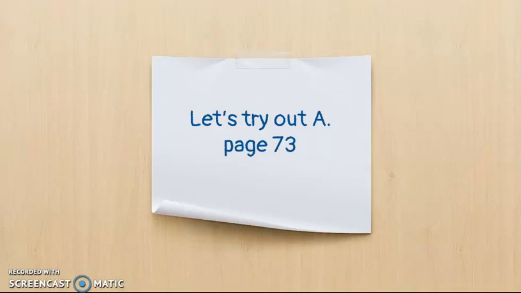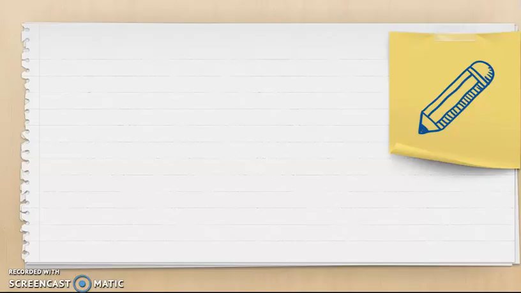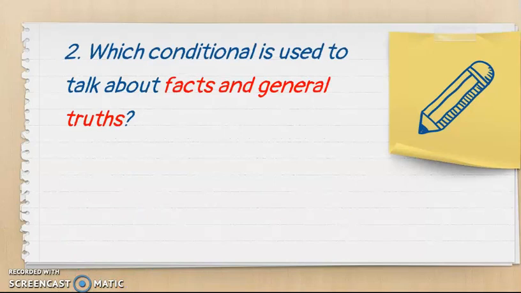Okay, let's try out exercise A, page 73. You will tell me the answer. Which conditional is used to talk about something that is likely to happen in the present or in the future? The answer is first conditional. Correct. Let's move on to the second question. Which conditional is used to talk about facts and general truth?